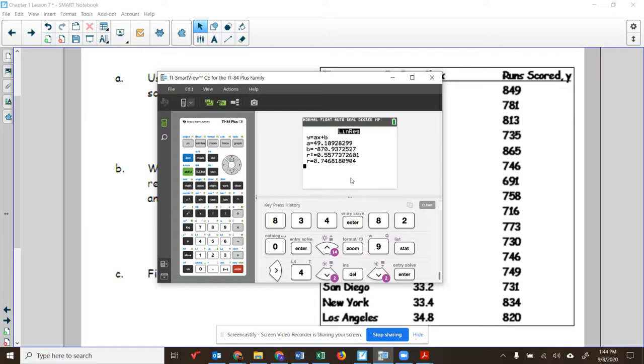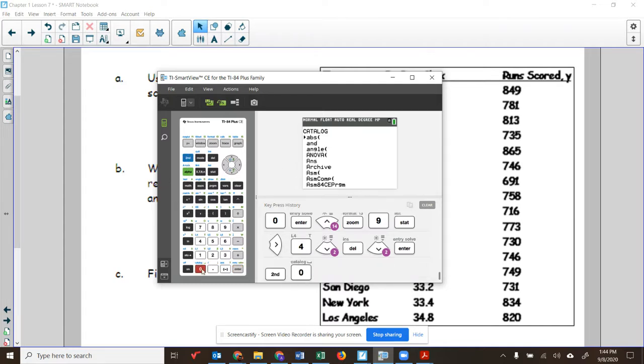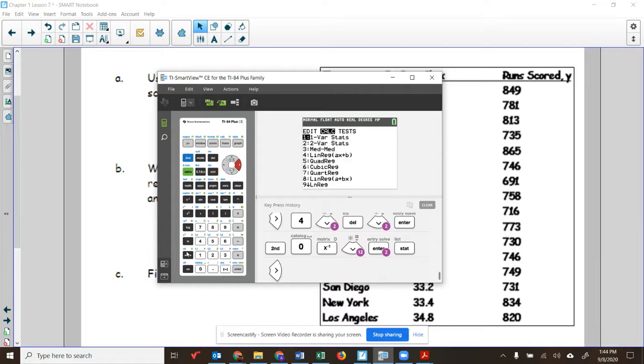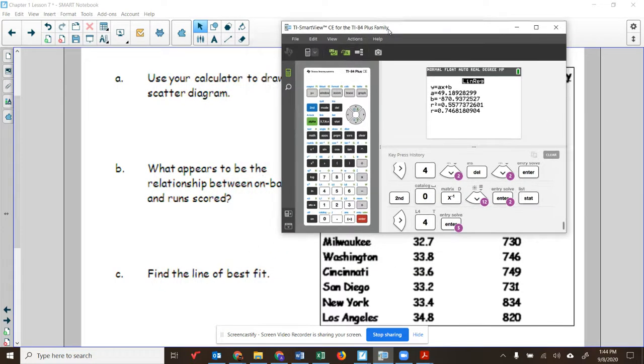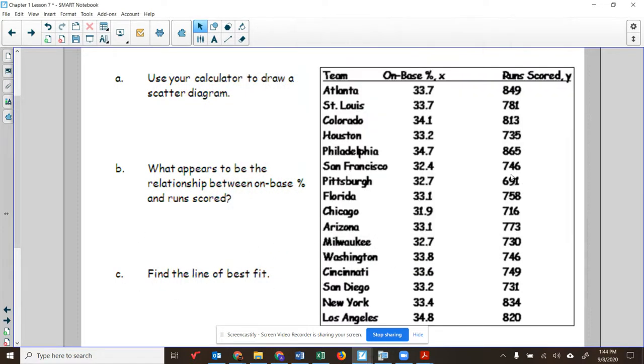Notice that we have this R and R squared. If you don't have that on there, second catalog, I'm going to arrow down until I get to diagnostics. You want diagnostics on like that. And then when you do this regression, it'll be there. Okay? So I'm going to write the answer down here.